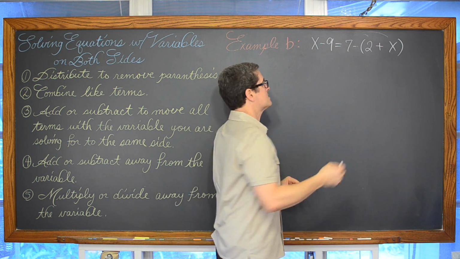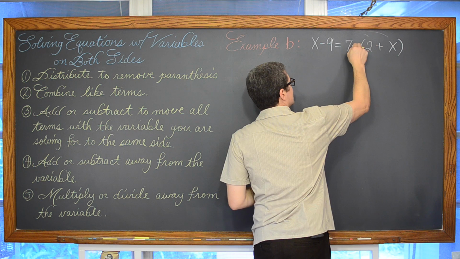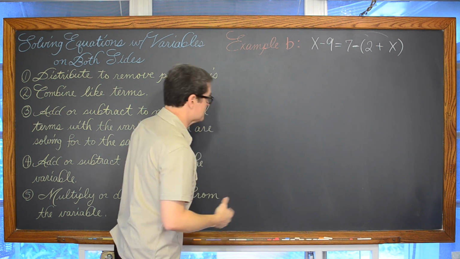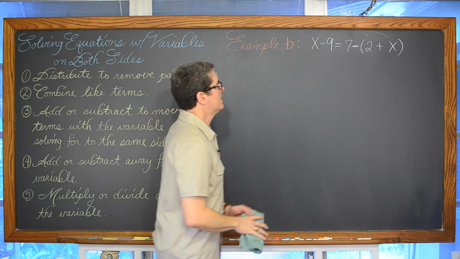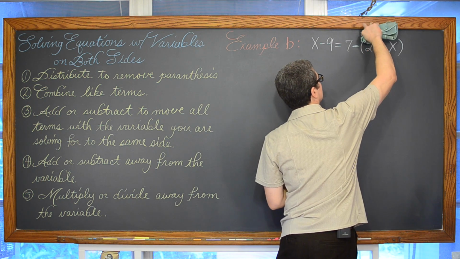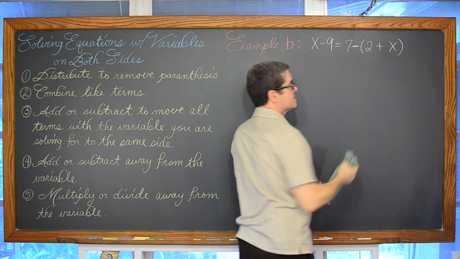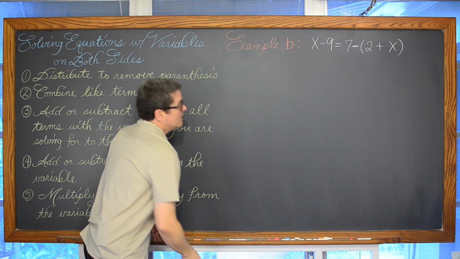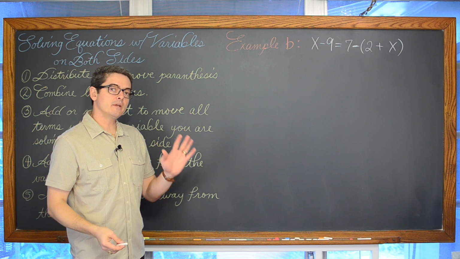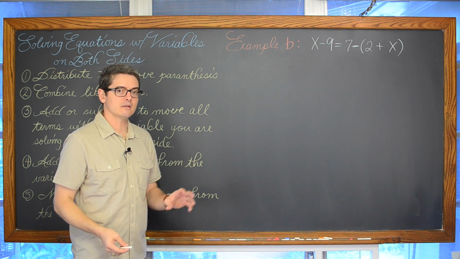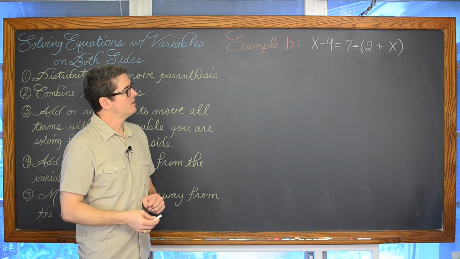But it is not 7 parentheses 2 plus x, which would indicate 7 times the quantity of 2 plus x, or 7 times the sum of 2 plus x. There's a minus sign there. A lot of students will incorrectly multiply that 7 through the parentheses.